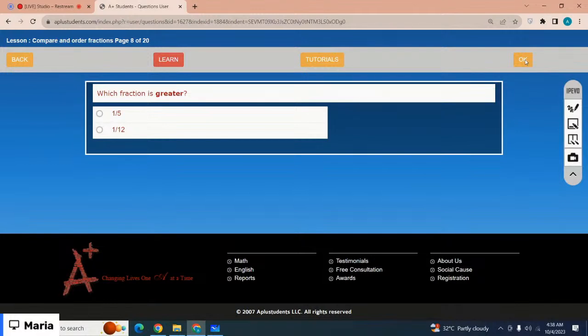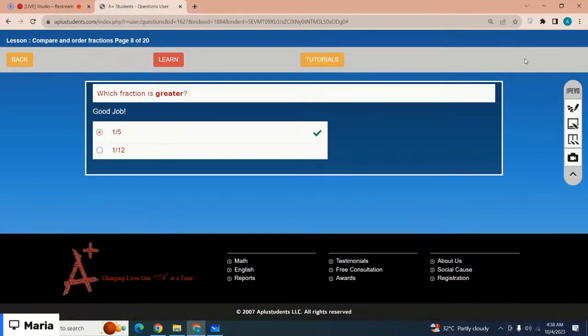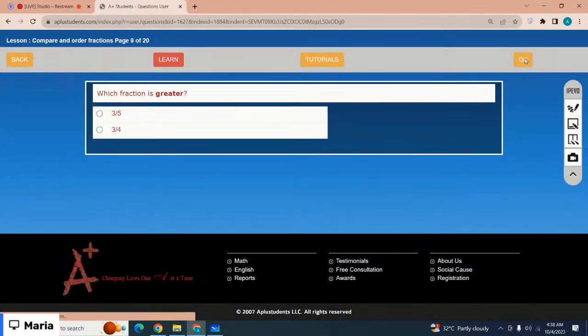Yes, 1 over 5 is greater than 1 over 12. Which fraction is greater, 3 over 5 or 3 over 4? Very good. 3 over 4 is greater than 3 over 5.